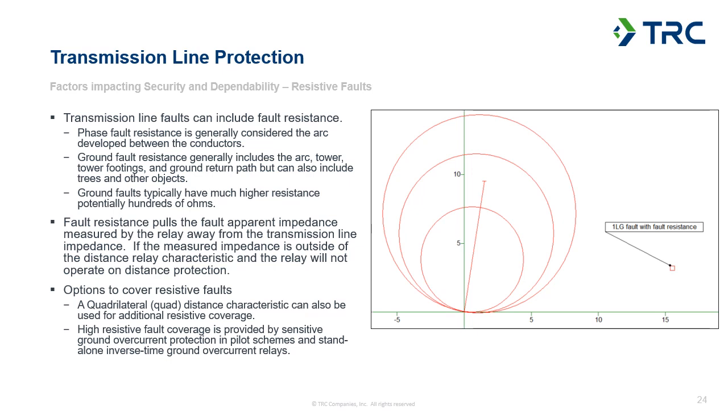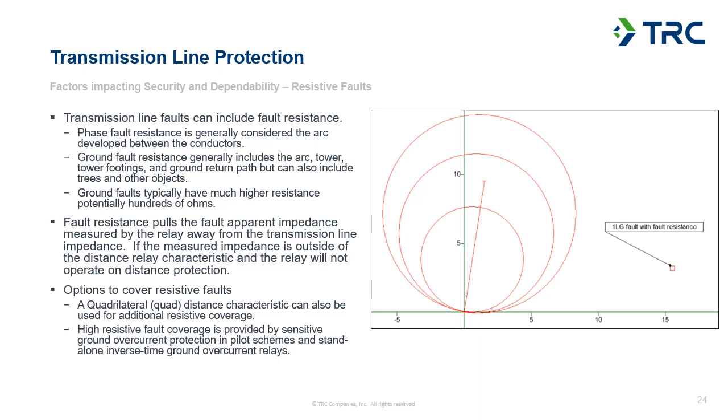So basically, as you add resistance to your fault, you're going to be moving off to the right, towards the resistive axis of the plot. And as the increasing resistance pulls the measured impedance further and further off to the right, it's going to stop residing eventually in your distance relays.